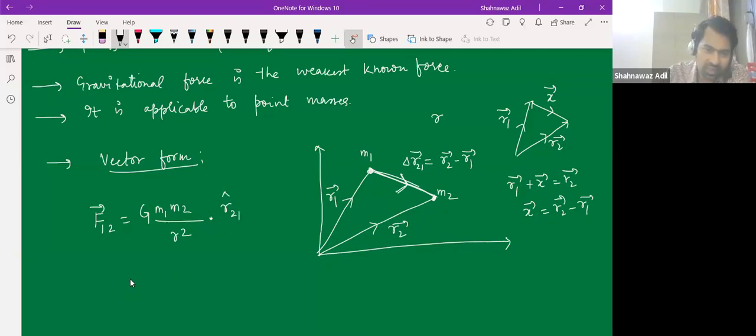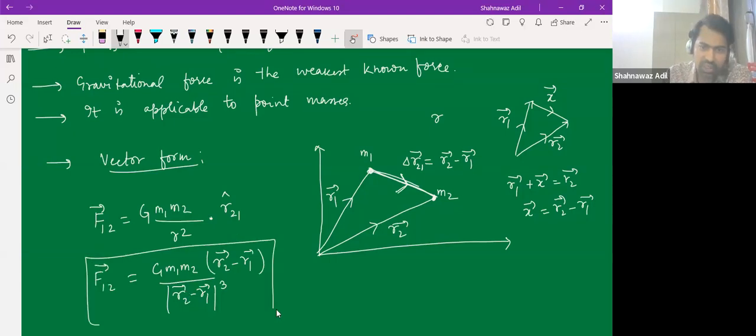And if I write it in vector form, this is G M1 M2 divided by the magnitude of R2 minus R1 whole cube, times R2 minus R1. So in this way, I can write it in the vector form. Is this part clear, guys? Yes, sir.